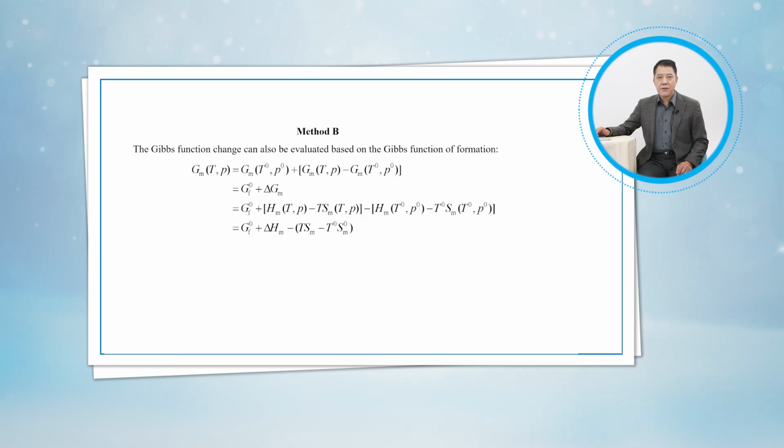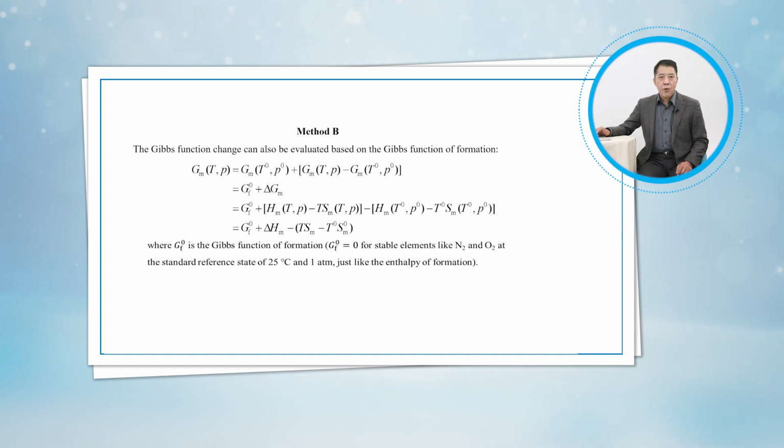Gibbs functions for the reactants or the products can be expressed by the Gibbs function of formation at 25 degrees centigrade and 1 atm, where G_f^0 is the Gibbs function of formation. The values of several substances are listed in Table A12.